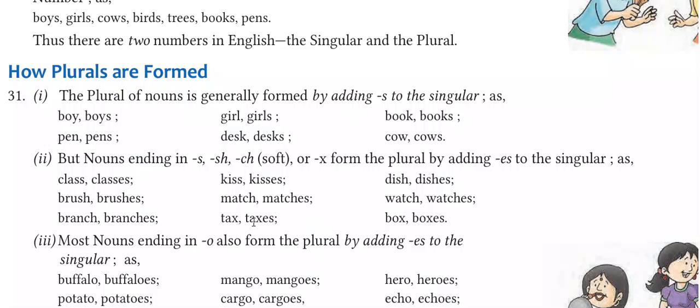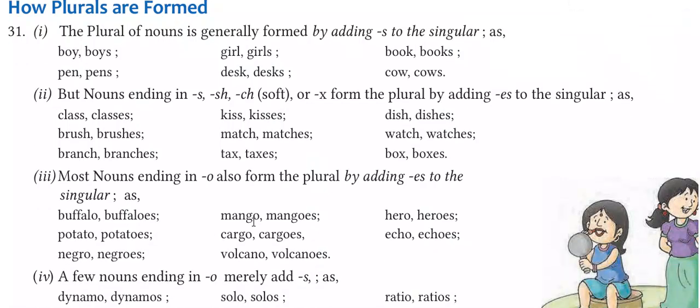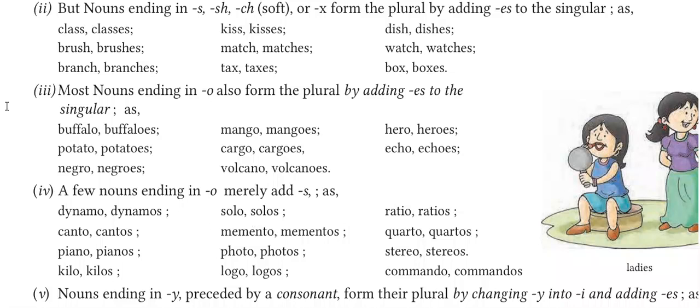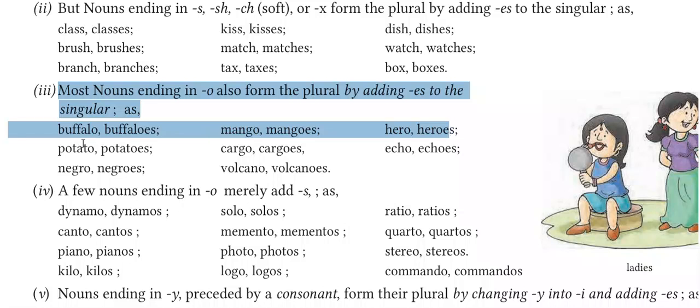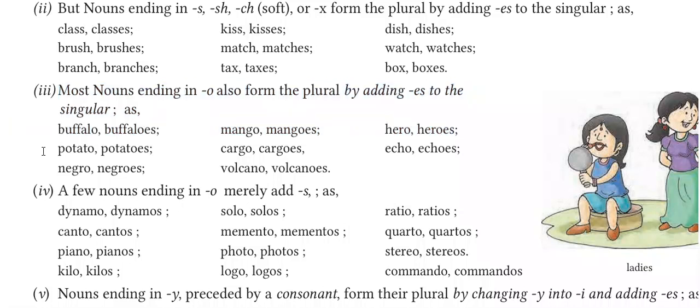Let's talk about rule number 3. Rule number 3 says that most nouns ending in o also form the plural by adding es to the singular. Now we have buffalo, buffaloes, potato, potatoes, negro, negroes, mango, mangoes.